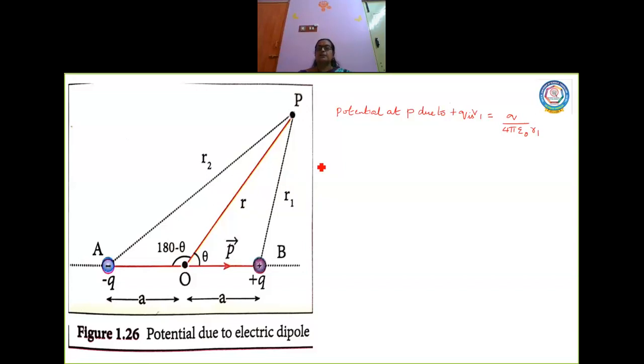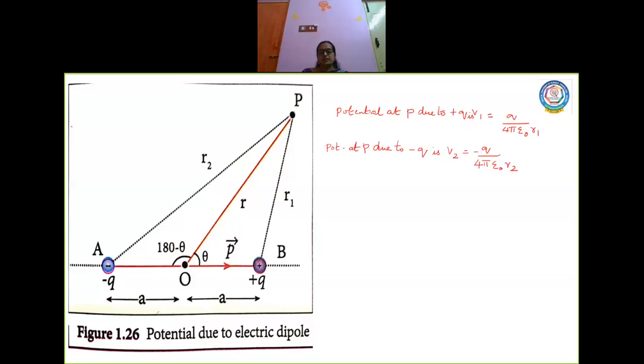Similarly, the potential at P due to minus Q is V2, which is equal to minus Q by 4 pi epsilon naught R2. So these are the two equations.